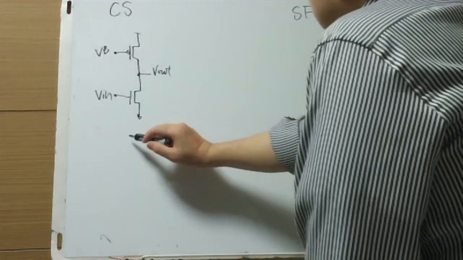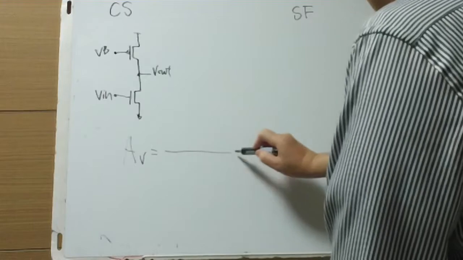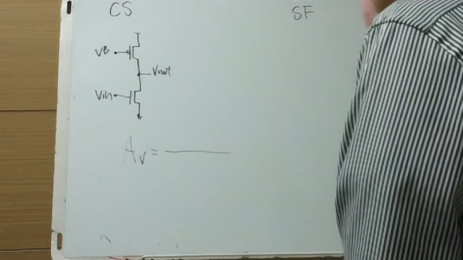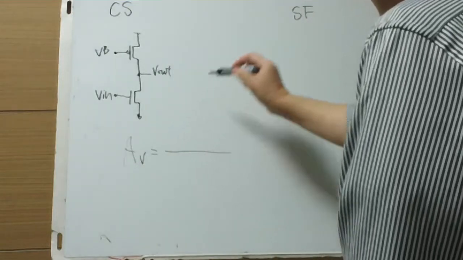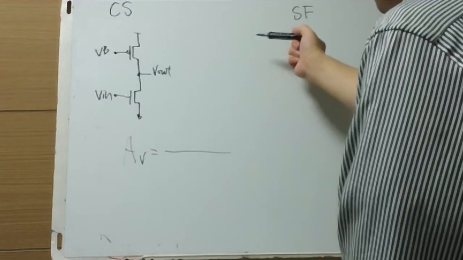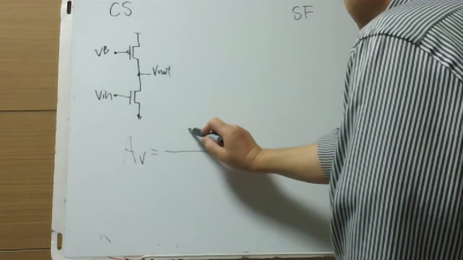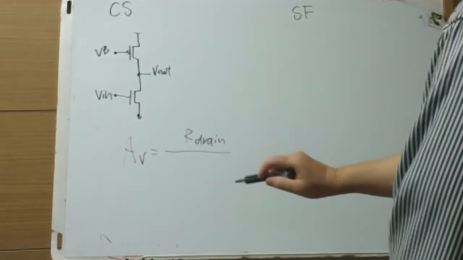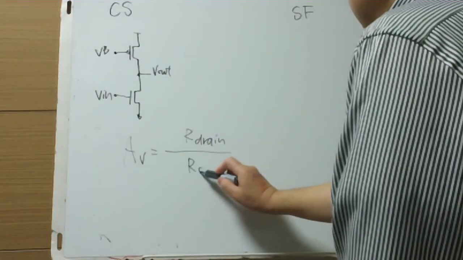The simplified approach to get the voltage gain is well known as Av equals the resistance looking into the drain divided by the resistance looking into the source.